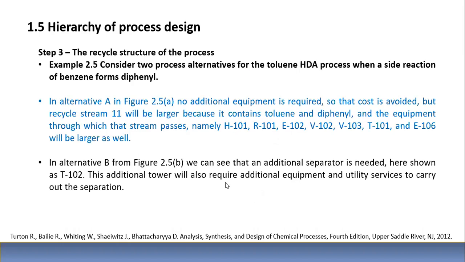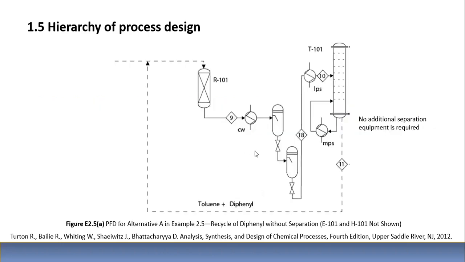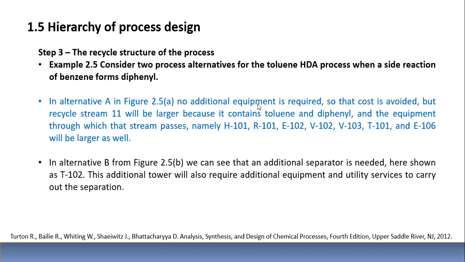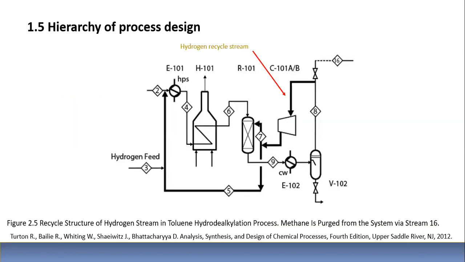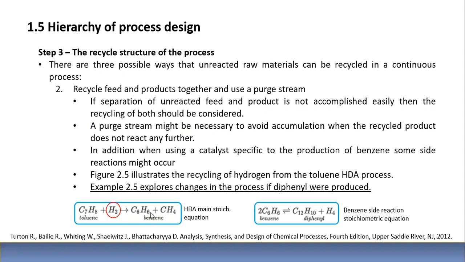Example 2.5 considers two process alternatives for the following hydrodealkylation process when a side reaction of benzene forms diphenol. In alternative A, in figure 2.5a, que es lo que vamos a ver en unos minutos, no additional equipment is required. Entonces, ahora lo que se va a considerar es un punto en el cual en una segunda reacción se ha formado difenil como producto de la reacción de benceno.